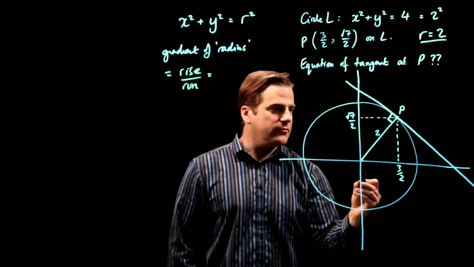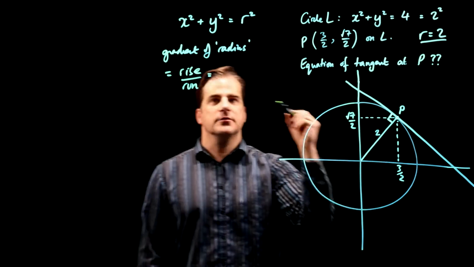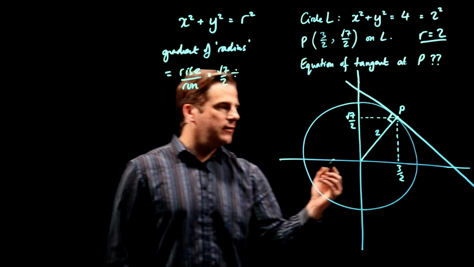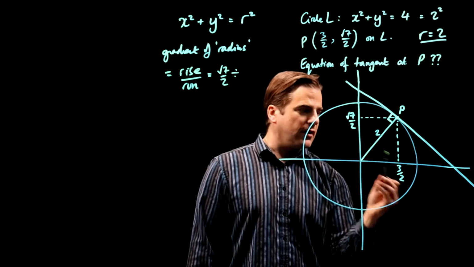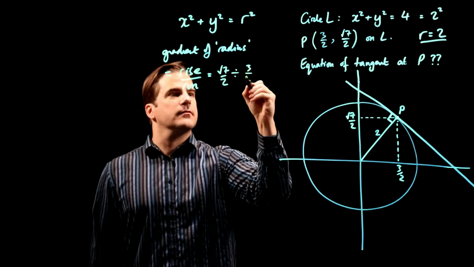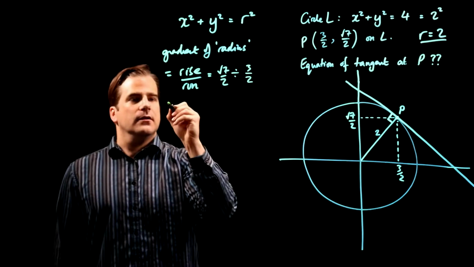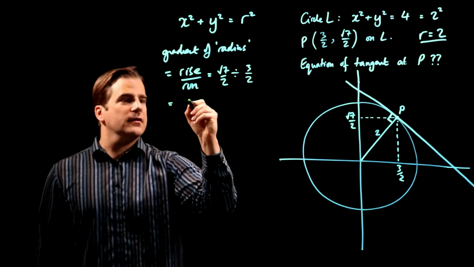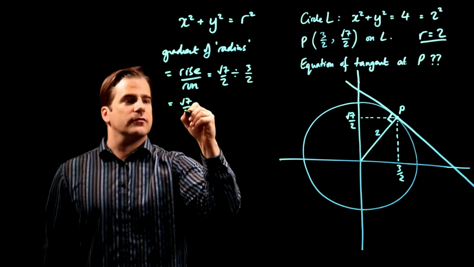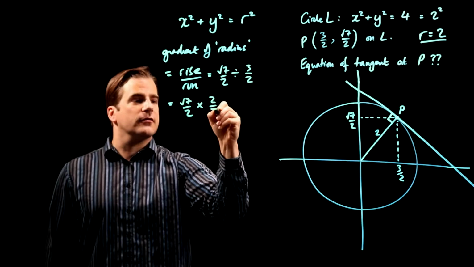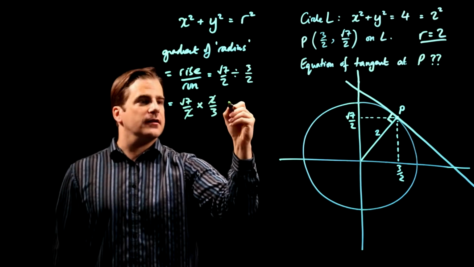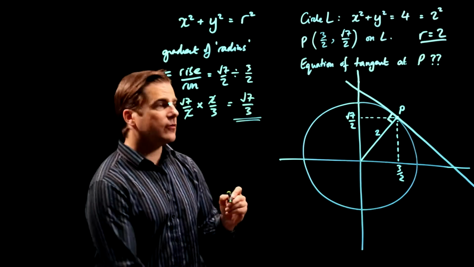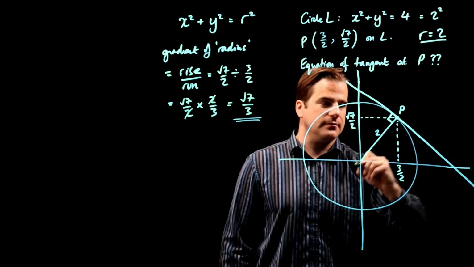Now the rise is from 0 to the y-coordinate, which is root 7 over 2, divided by the run from 0 to the x-coordinate, which is 3 over 2. Fractions, dividing: turn that into a multiplication and flip the second one. So that becomes root 7 over 2 times 2 over 3. The 2's cancel and you get root 7 over 3. Okay, so we know the gradient of the radius.